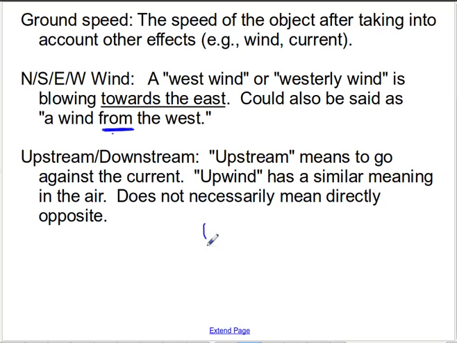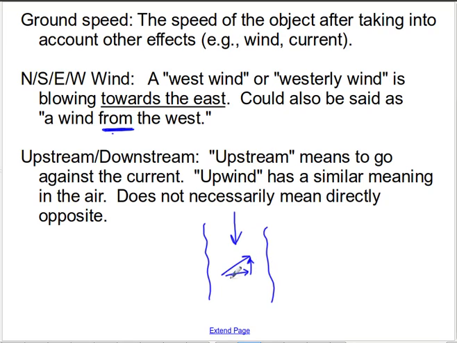So for example, if I have a river and the current is flowing that way, if I orient my boat to go this way, part of my boat's velocity is going across the river, but part of my boat's velocity, if I break this into components, is going directly across the river, and that has nothing to do with the current, but part of my boat's velocity is opposing the current. That would be an example of upstream.